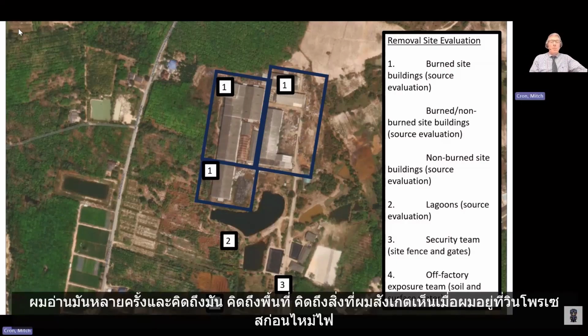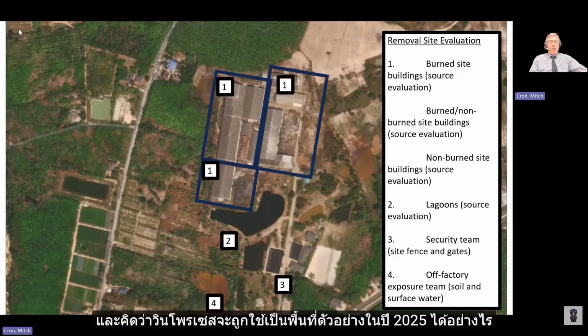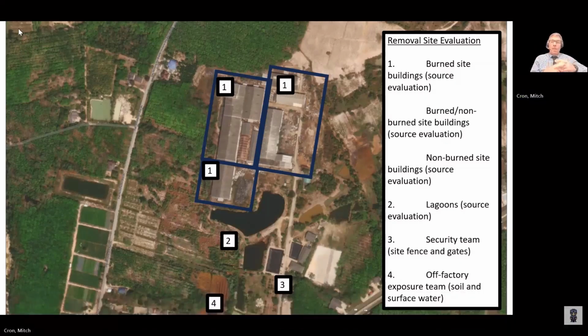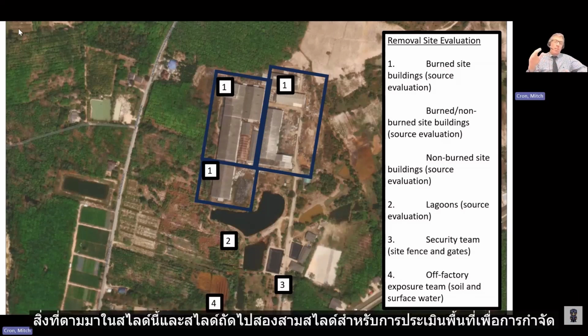I've read through them multiple times and thought about them, thought about the site, thought about what I observed when I was at Win Process before the fire, that was in 2023, thought about what I read about the fire in 2024, and thought about how could Win Process be used as an example site in 2025 to demonstrate removal site evaluation and evaluations for stability, security, and exposure. And what I'm proposing is what follows on this slide and the next couple slides.